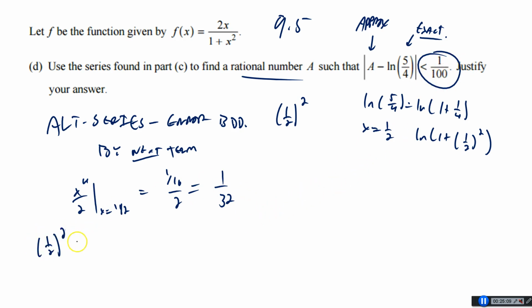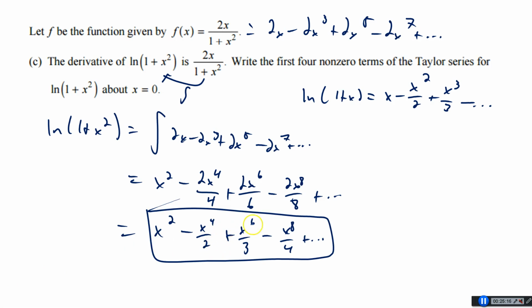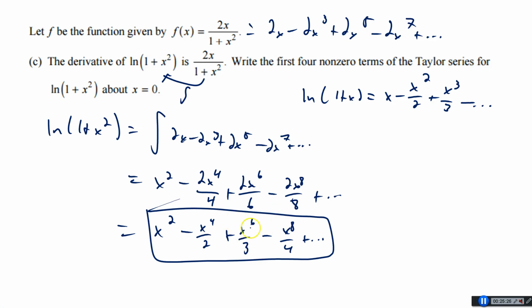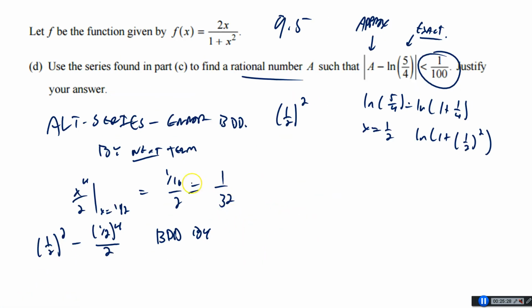1/2 squared minus 1/2 to the 4th over 2, because I had it right here. Then the error would be bounded by the next term, which would be x to the 6th over 3. Evaluate that at x equals 1/2.